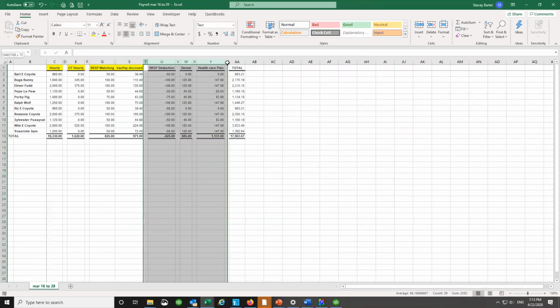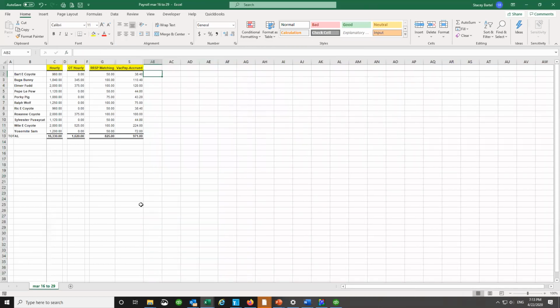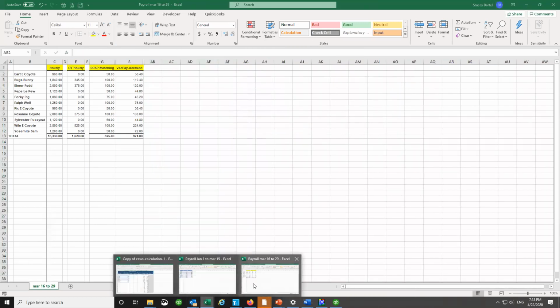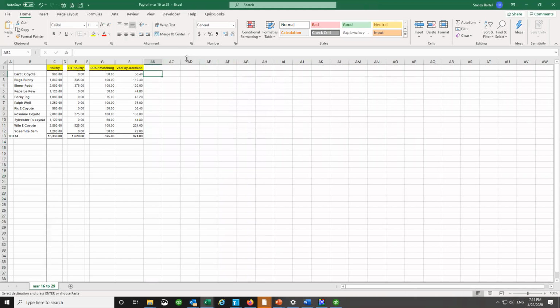All right. Don't need that one, hide it. Now let's take a look at how we calculated this. We have two headings here. I'm just going to copy the two headings. Unfortunately, we can't use the same calculation. We just need to make sure we're on top of this. Put in the two headings.